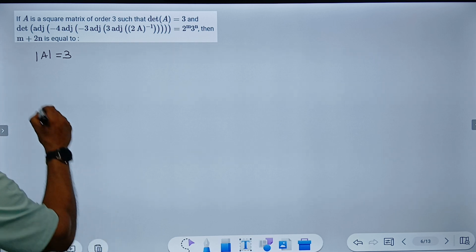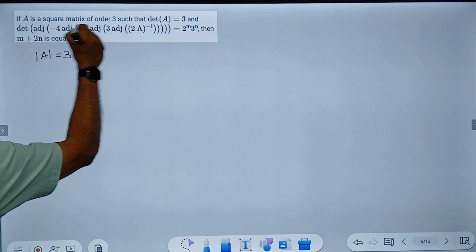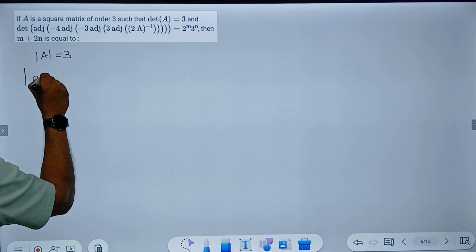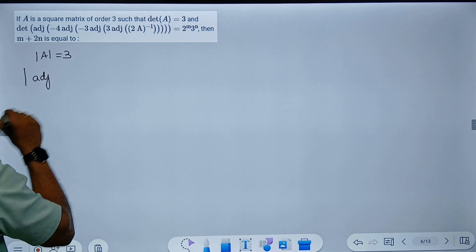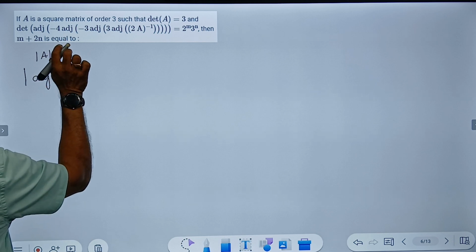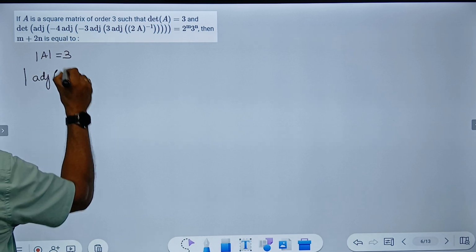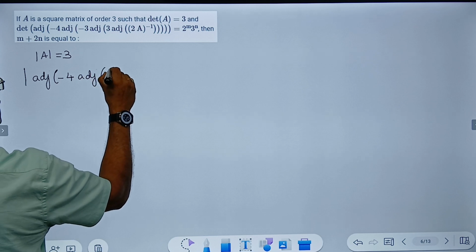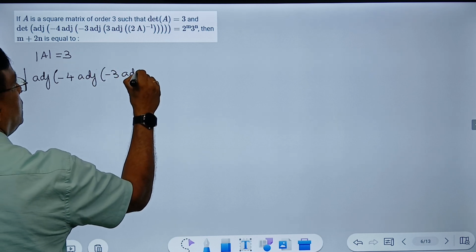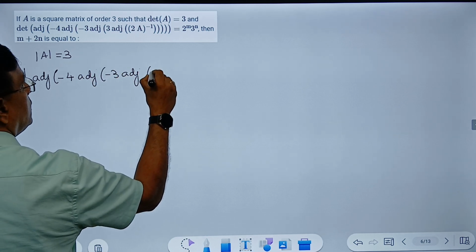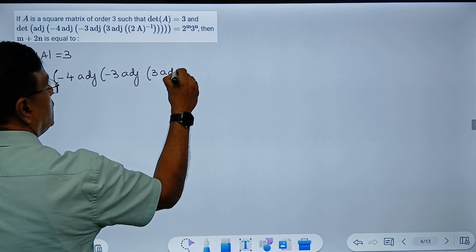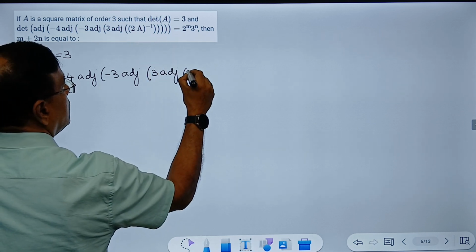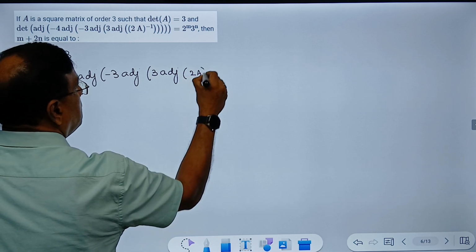First let me write this. This is determinant of adjoint of minus 4 into adjoint of minus 3 into adjoint of 3 into adjoint of, it is actually 2A, complete inverse.